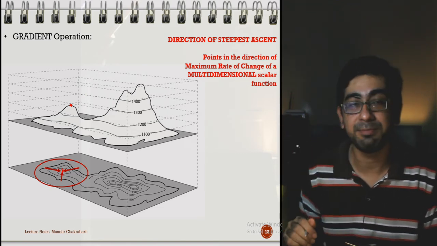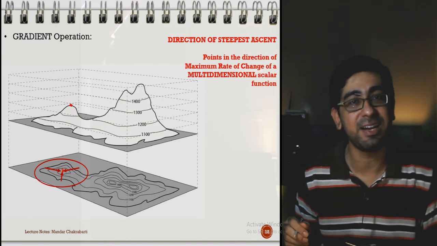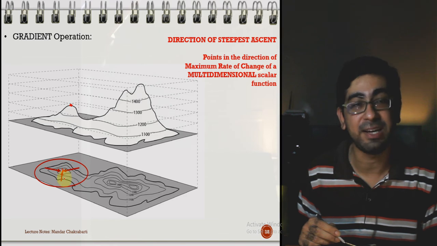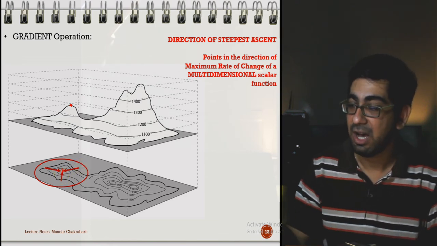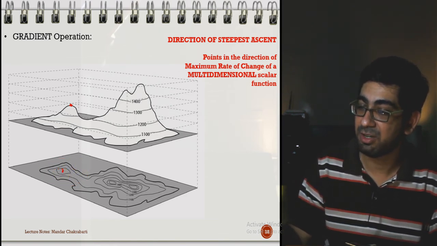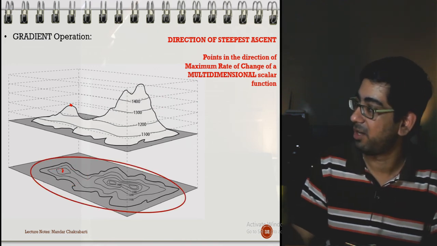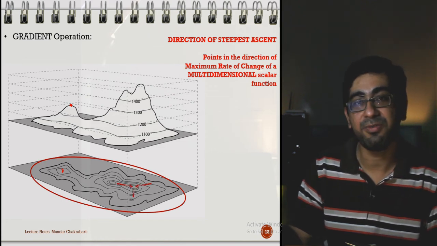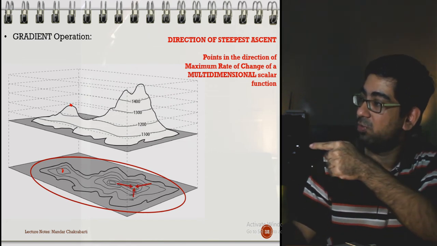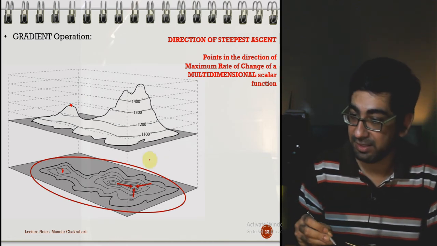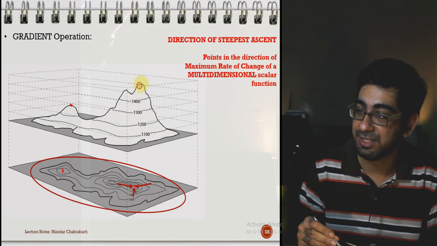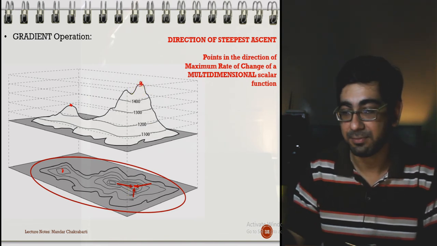So, gradients point in the direction of steepest ascent. So, all the gradient vectors are going to point in that direction. However, if my area of consideration was not just restricted to this little bit, but rather to the entire region, then all of them are now going to point to this side, because this point is the actual steepest area.